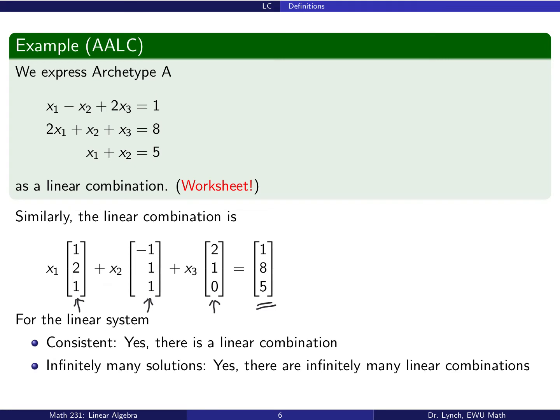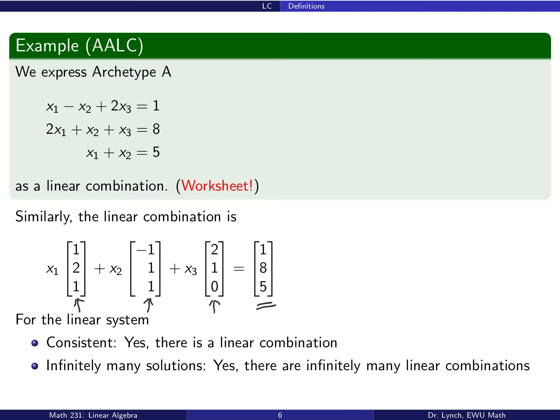Okay, so we've seen that at least in these 2 examples, these 2 archetypes, answering the question of whether a certain vector can be written as a linear combination of others is related to answering the question of whether a certain linear system is consistent.